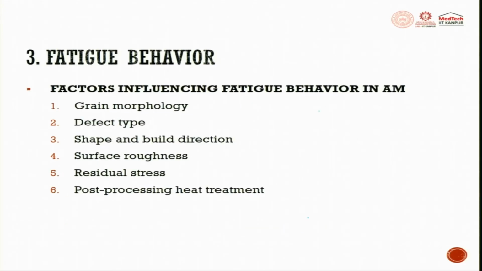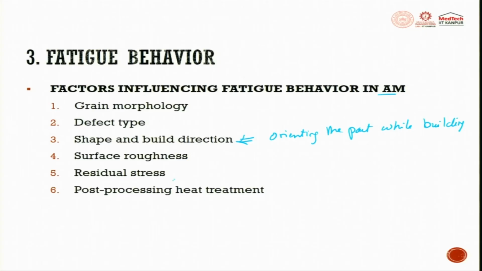The factors affecting the fatigue behavior in AM are grain morphology, defect type, then you have shape and build direction. Shape and build direction is very important, orienting the part while building.